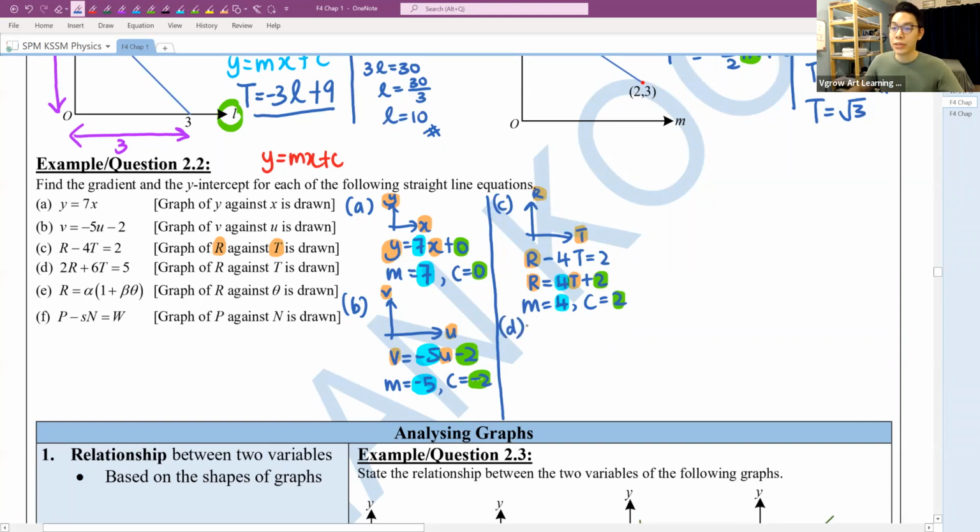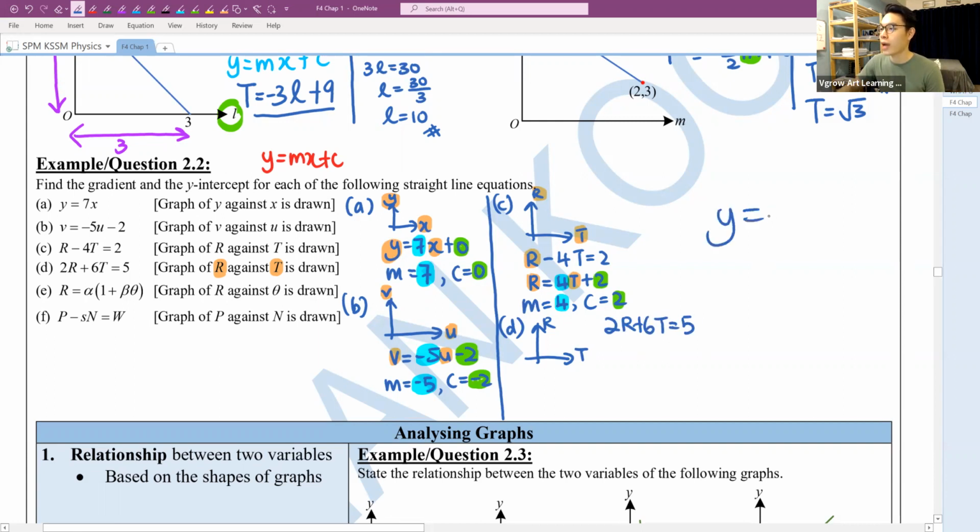Part D, I want you guys to help me a bit. So I have the graph. We are drawing the same thing, R against T. I don't have enough space, so I write at the side here. So I got 2R plus 6T equals 5. Can you guys go and rearrange this? Try to arrange first.